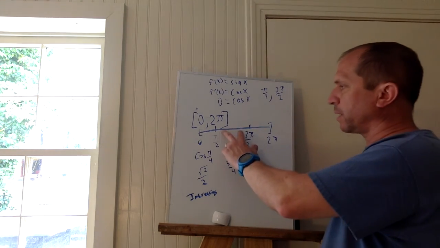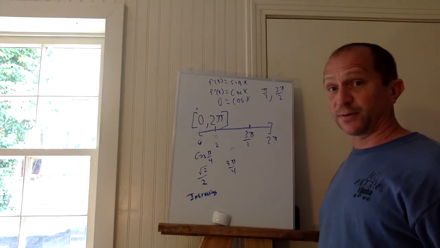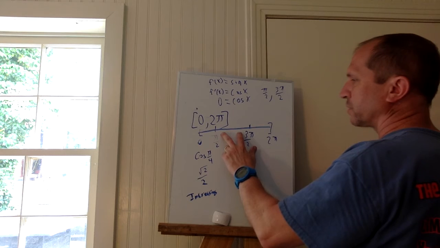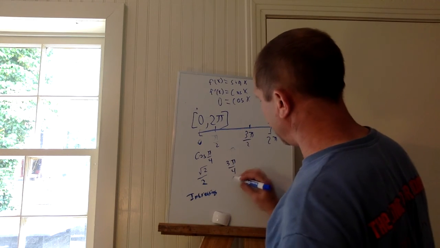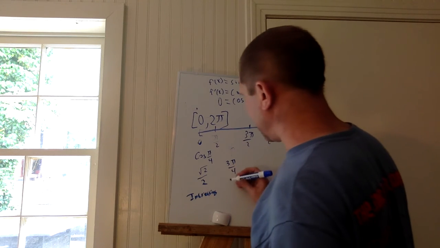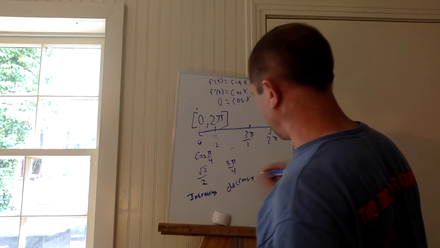And what do we know about cosine in the second quadrant? That's right, class. It's negative. So the graph here is going to be negative. Because it's the derivative, that means we're going to be decreasing everywhere in that interval.